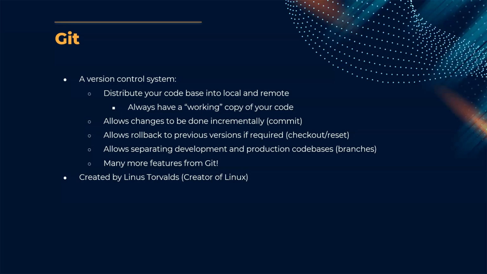And this is exactly what a version control system is. So it allows you to save backups or snapshots of your code base at any given time that you put it to be saved. And you will be able to quickly revert back, roll back to this previous version if you need to.